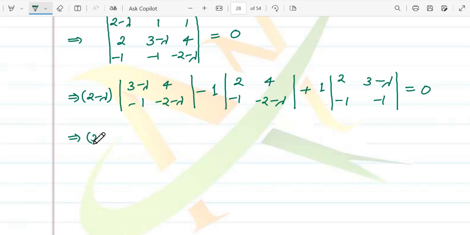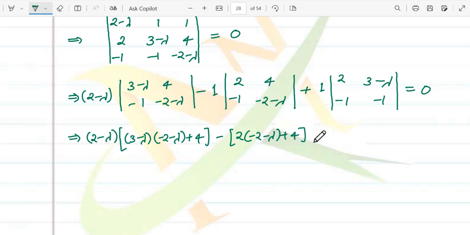This implies 2 minus lambda bracket 3 minus lambda, minus 2 minus lambda plus 4, minus 2 into minus 2 minus lambda plus 4, plus minus 2 plus 3 minus lambda is equal to 0, right?